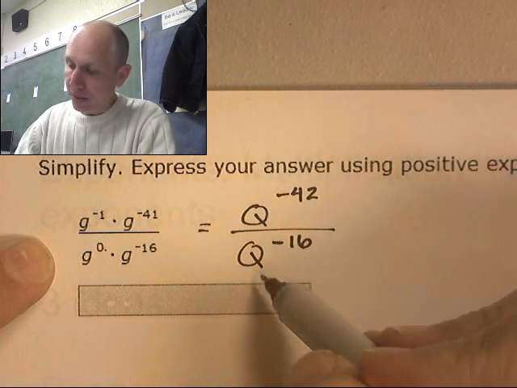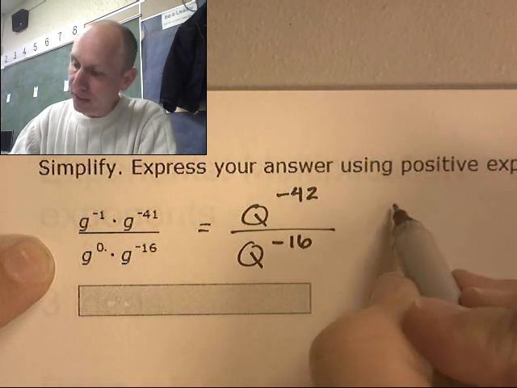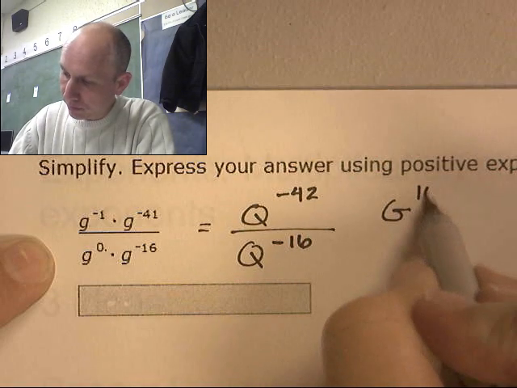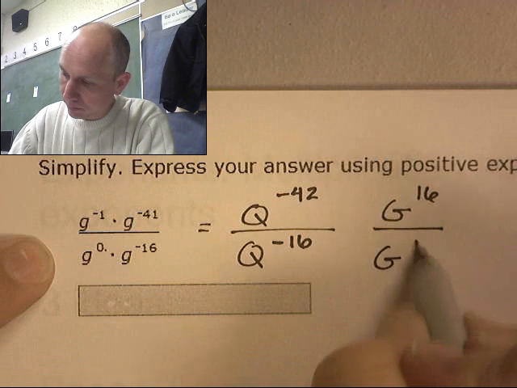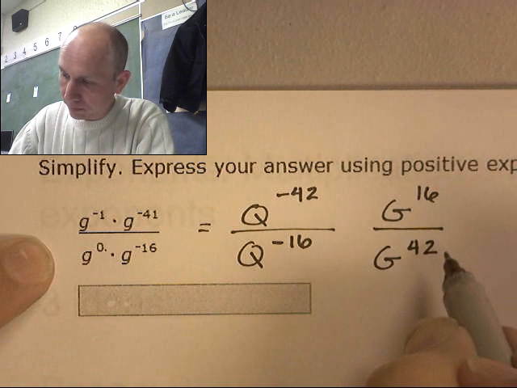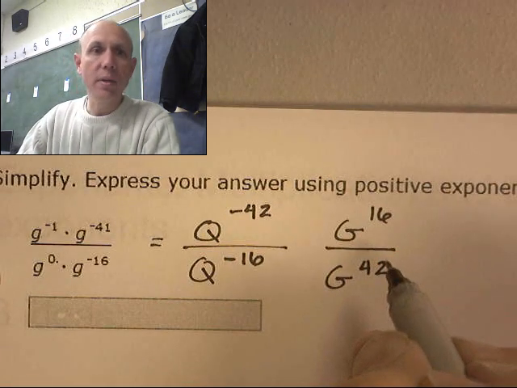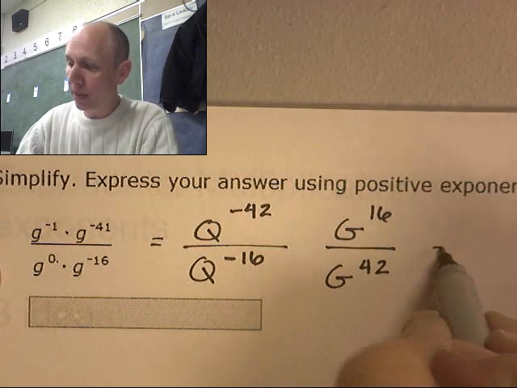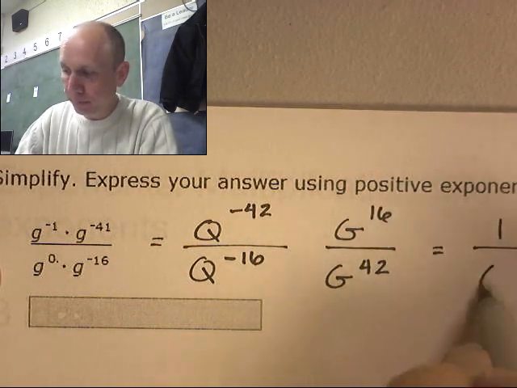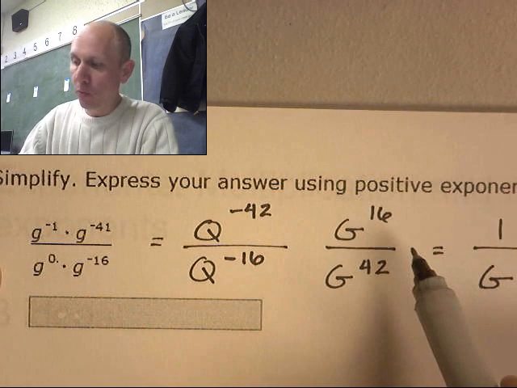Let's use up these tickets. So the 16 is going to go to the top. And now we can simplify this down. I have 16 on top, 42 on the bottom. That means I have more on the bottom. How many more?